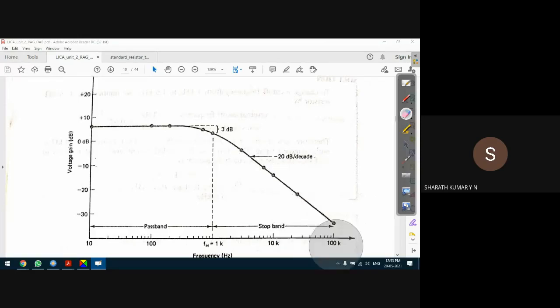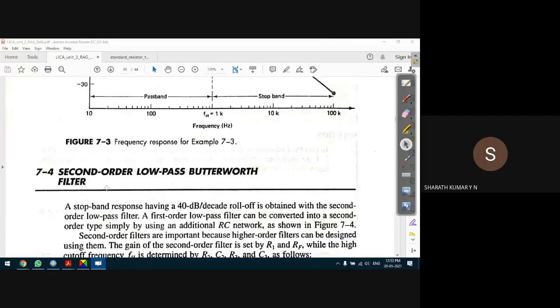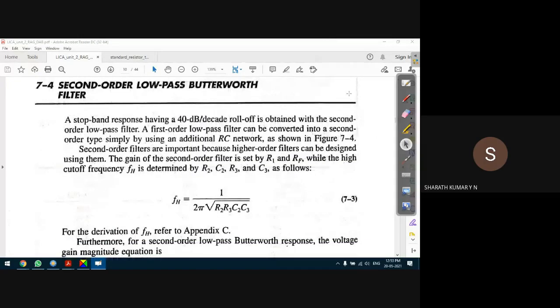Practically, when we plot it in the graph, we may not end up with the same value, because all the values we calculated above are calculated according to the formula. When we plot it, it may slightly vary, but ideally we should get FH as 1 kilohertz. This is a second order low pass Butterworth filter.